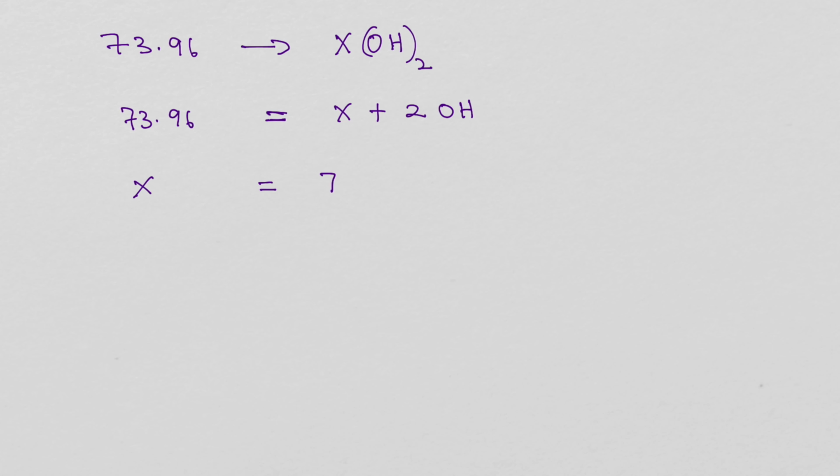So X will be 73.96 minus 2 OH in terms of their masses. So that would be 73.96 minus 2 times, well, oxygen is 16 and H is 1, so that's 17.